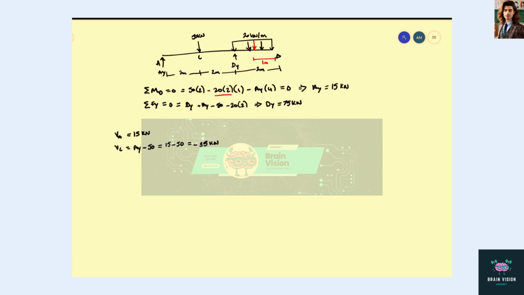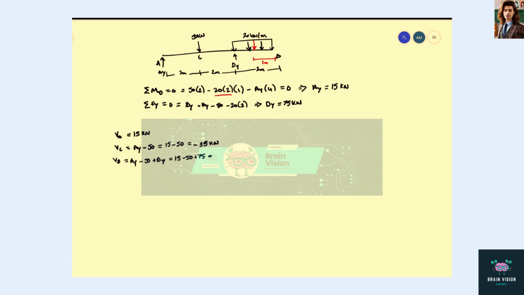Now we're going to look at VD. And at VD, we have AY minus 50 plus dy. So it's just 15 minus 50 plus dy, which we had solved, so 75.